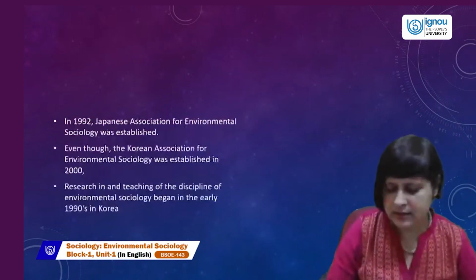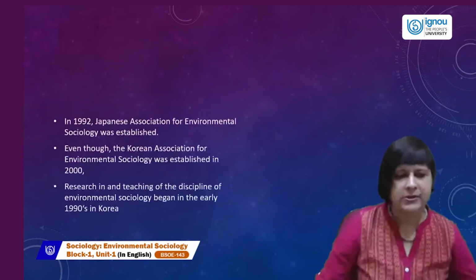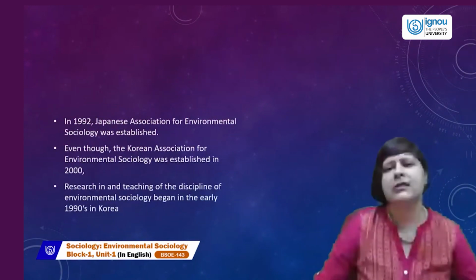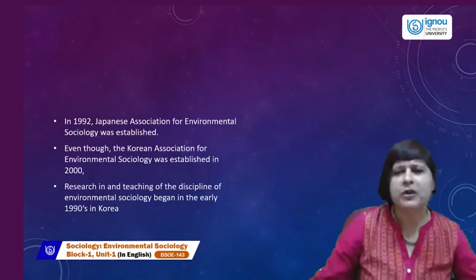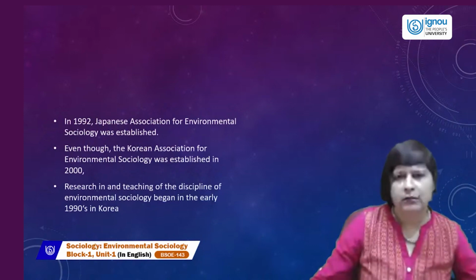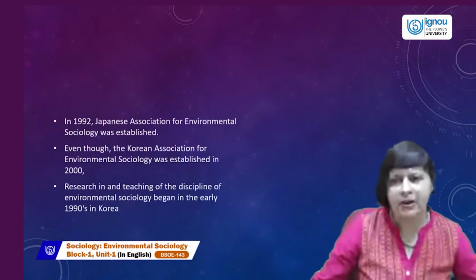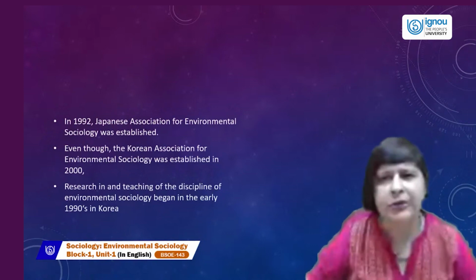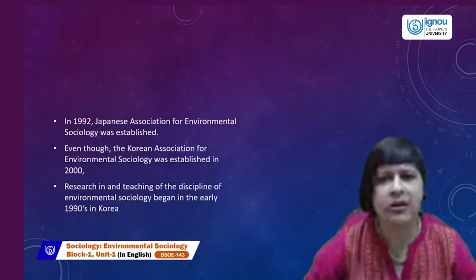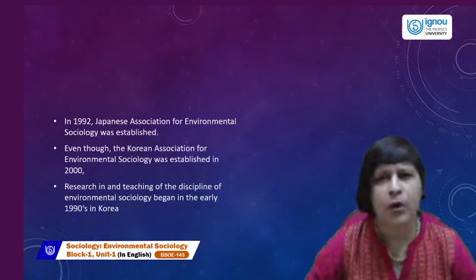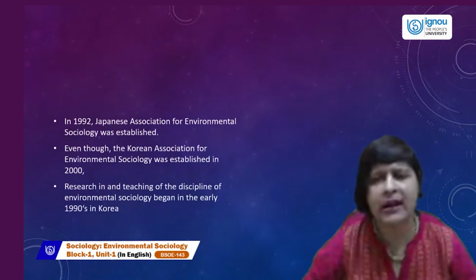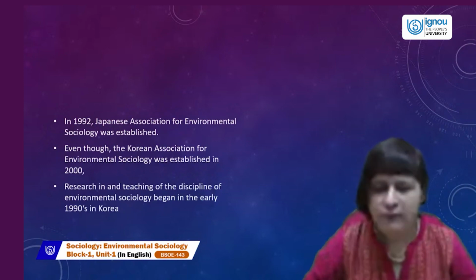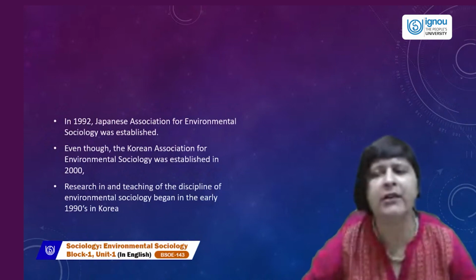What is Minamata disease? Minamata is a disease that happens because of mercury, right? Because industrial waste has been dumped in the water bodies, it has impacted the flora and fauna of those water bodies.